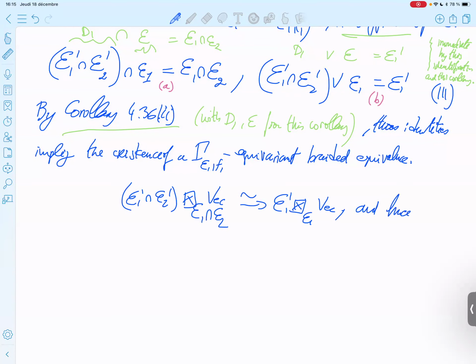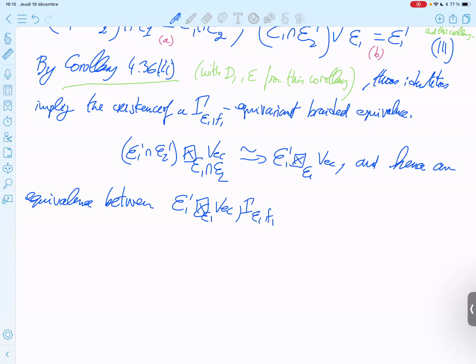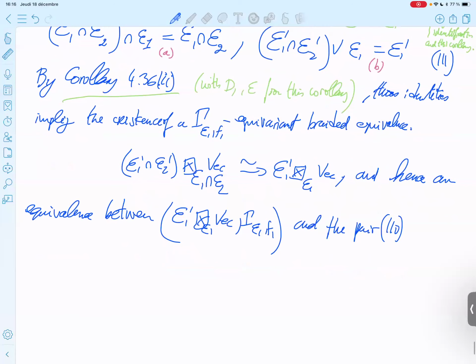An equivalence between, yeah, it's a little redundant. And so the expected equivalence between this pair and the pair is 110 here. So yeah, just what we need to prove.